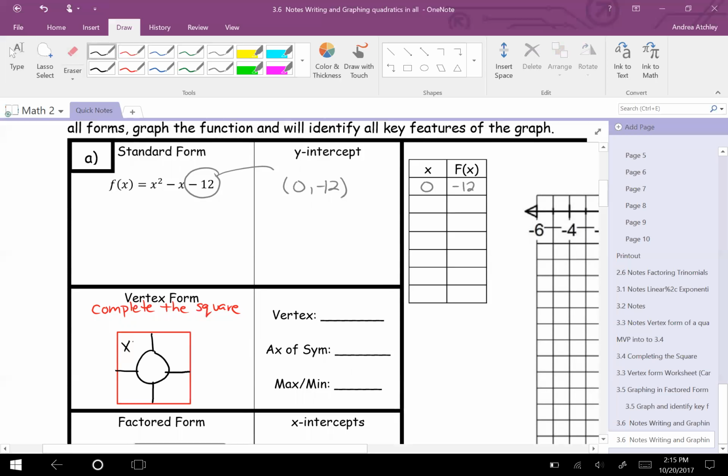So I have x squared, I have negative x, and I'm going to have to write something here, but right now it's negative 12.